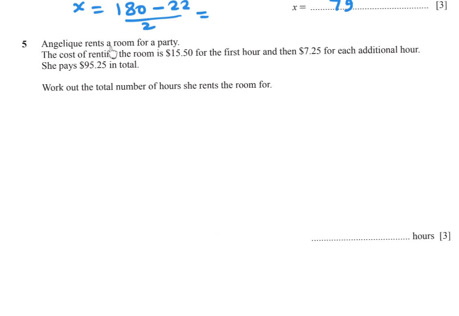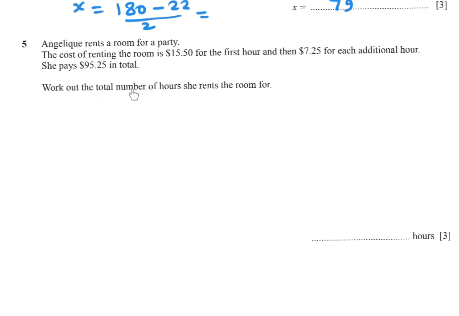Angelique rents a room for a party. The cost of renting the room is $15.50 for the first hour and then $7.25 for each additional hour. She pays $95.25 in total.